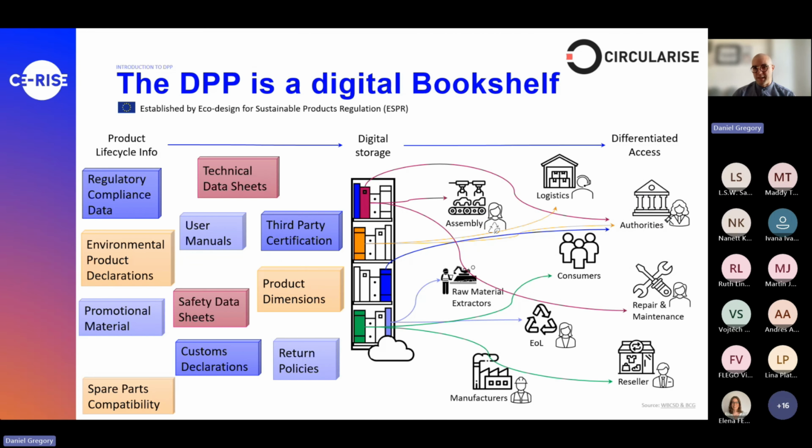This is where something like a DPP can come in. And the best way that I find to conceptualize this, and probably the key takeaway of this talk, is that the DPP is kind of like a digital bookshelf. It's kind of just a vessel or a shelf where you can put a lot of different kinds of data.